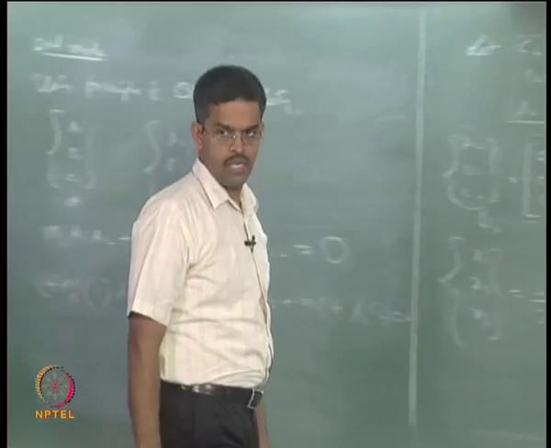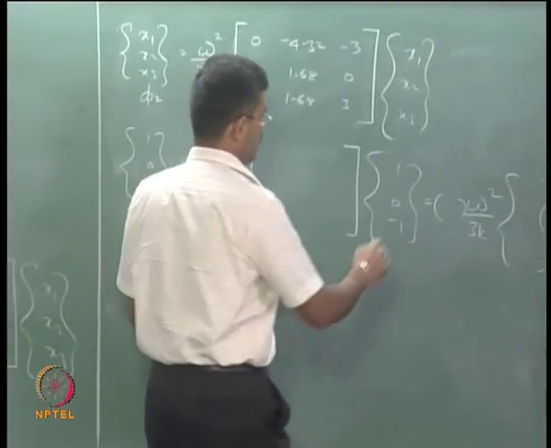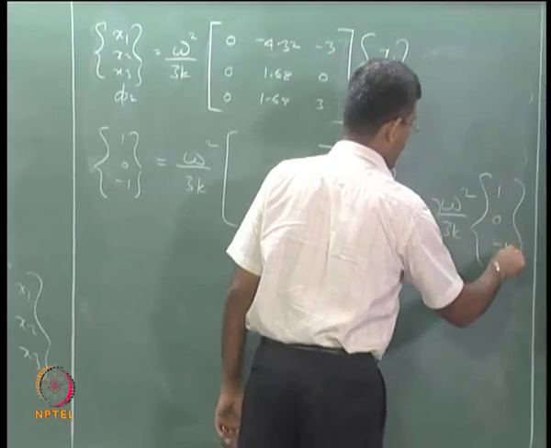Am I getting the multiplier as 3 and am I getting the same vector back?